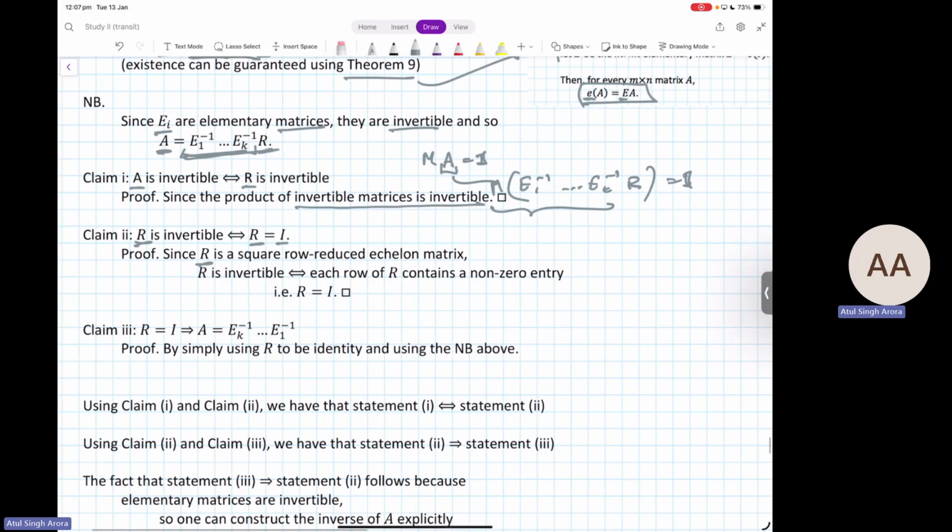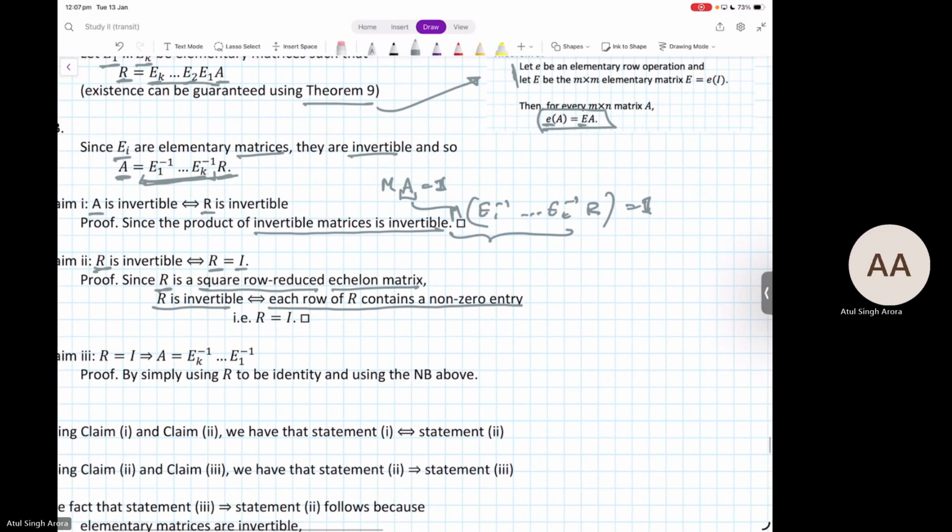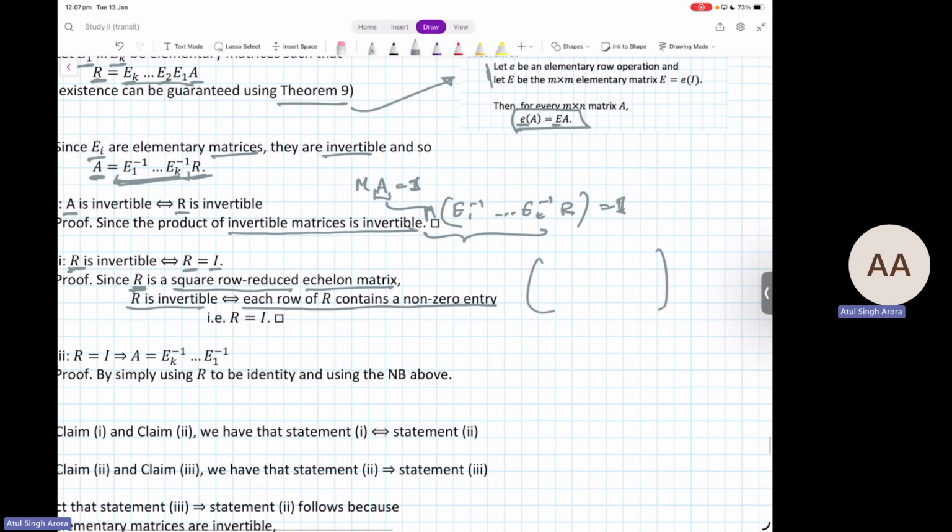Since capital R is a square row reduced echelon matrix, R being invertible is essentially equivalent to the fact that no row of capital R is all zeros. The first nonzero entry of each row has to be 1.